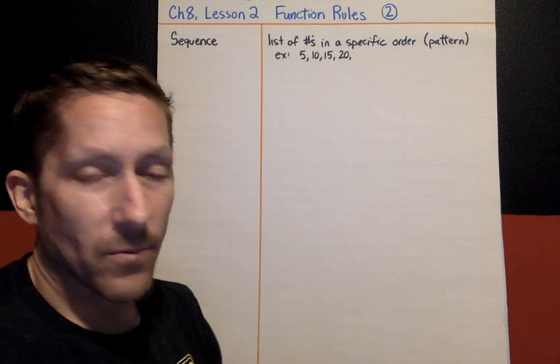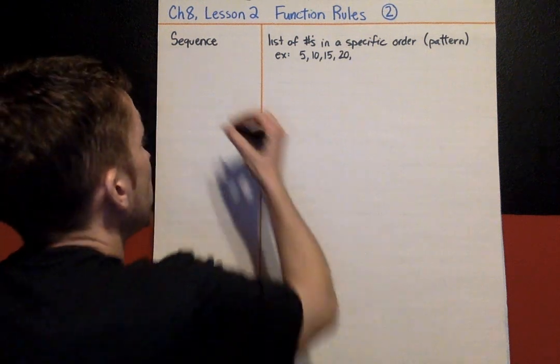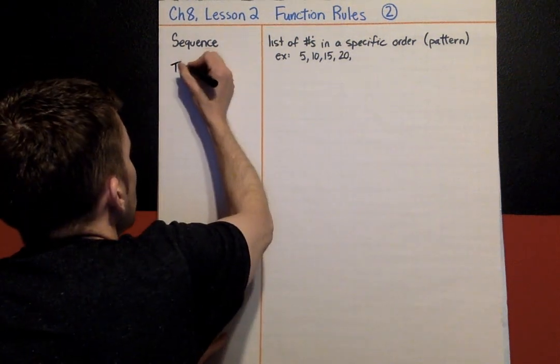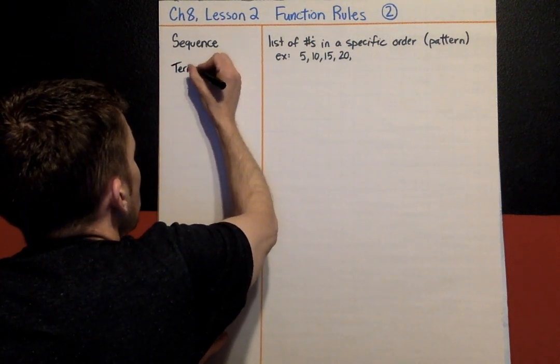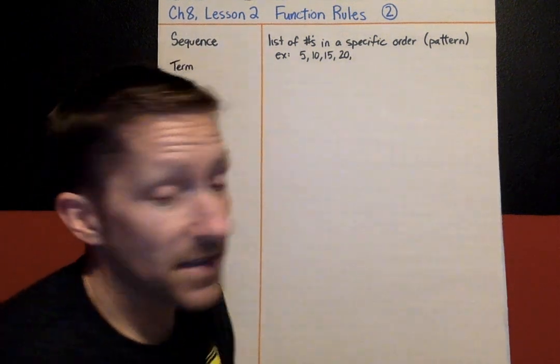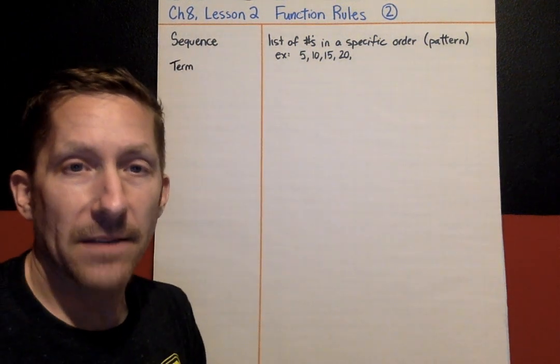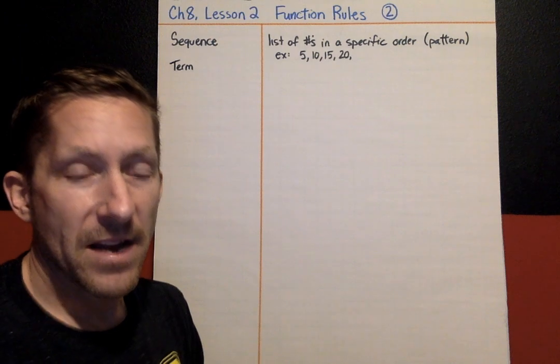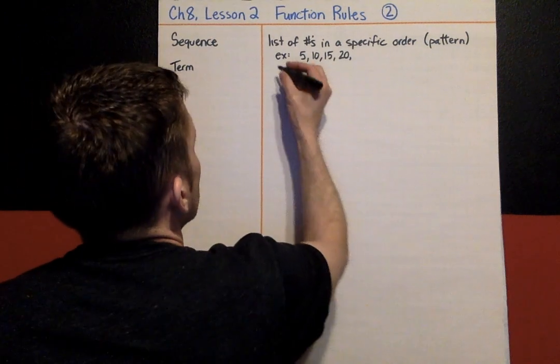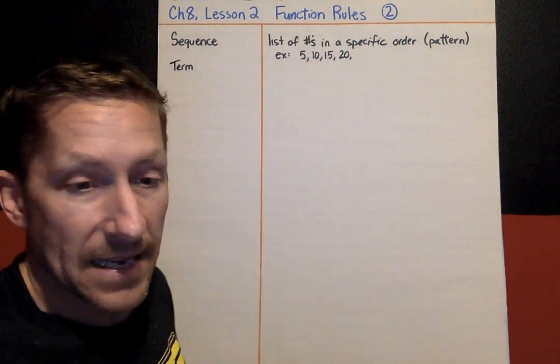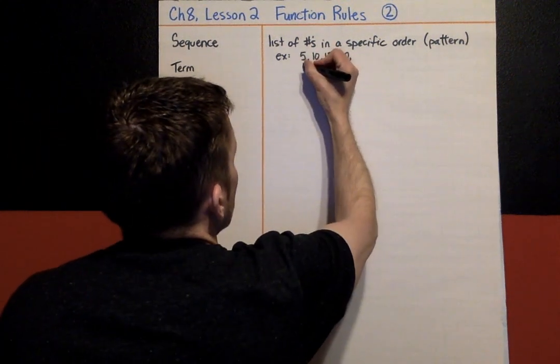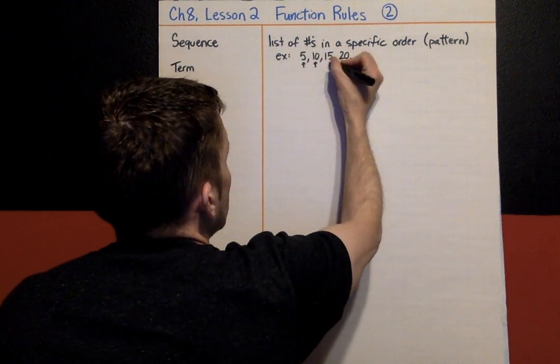Another vocabulary word is a term. I know that we've talked about a term in an expression before, but if you're looking at a sequence, a term is each number in a sequence. So these are terms: 5, 10.